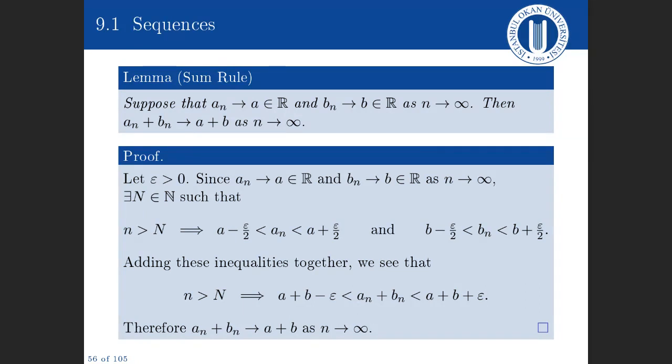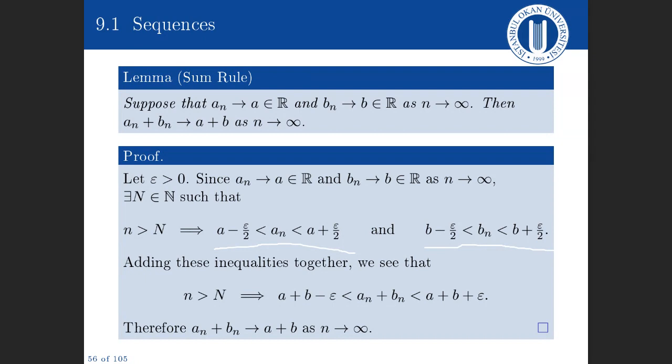Because a_n converges to A and b_n converges to B, we know that there must exist some number capital N such that a_n is between A minus epsilon over 2 and A plus epsilon over 2, and b_n is also between B minus epsilon over 2 and B plus epsilon over 2. I've actually skipped a step here.